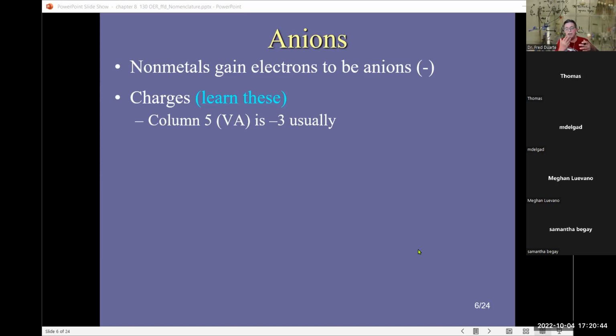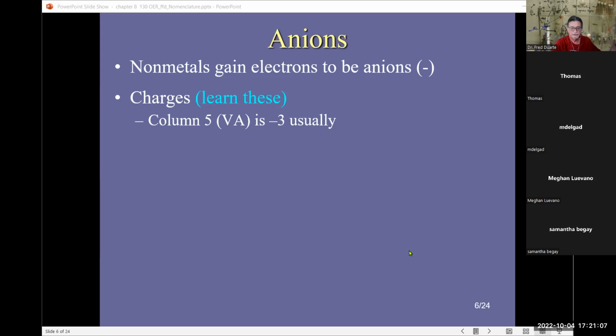Therefore, they would prefer to gain 3 electrons rather than lose 5. By gaining 3 electrons, they have the octet fulfilled, plus now they are ions. That's why those elements in group 5 are a lot more stable, because their octet has been fulfilled.